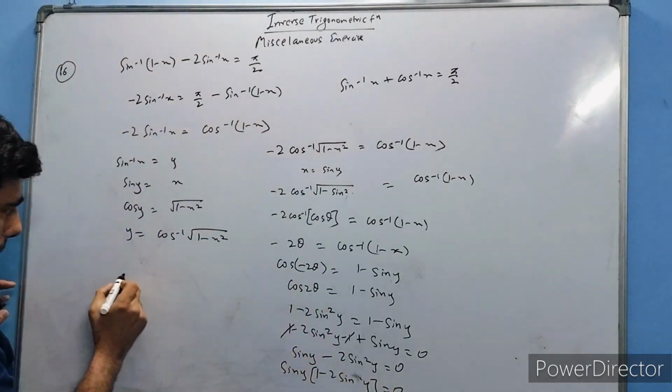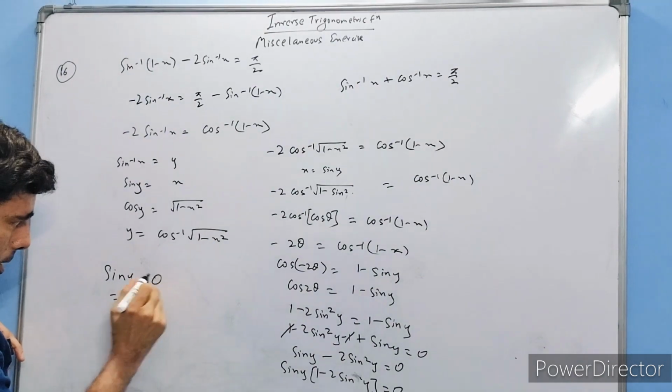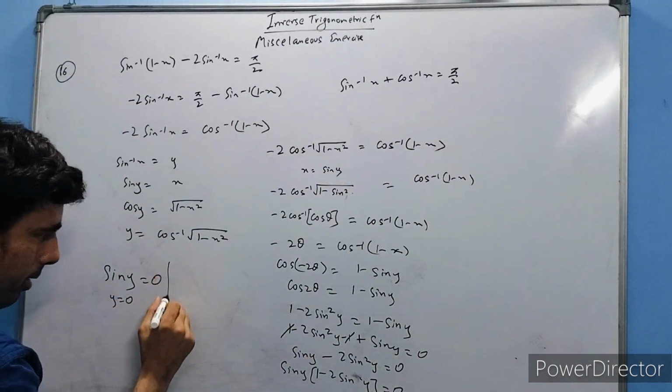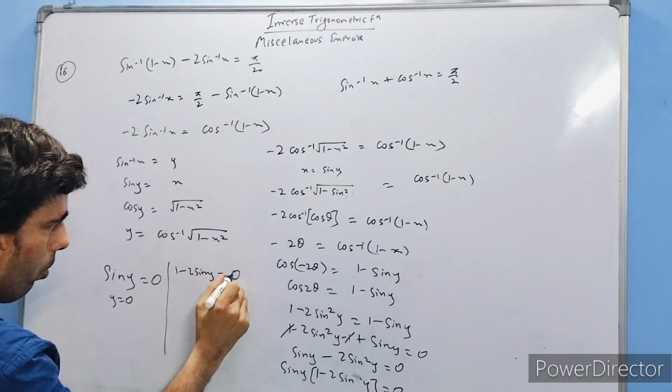So now here I have two cases. Sin y is equal to 0, so we have y is equal to 0, and in that case 1 minus 2 sin y is equal to 0.